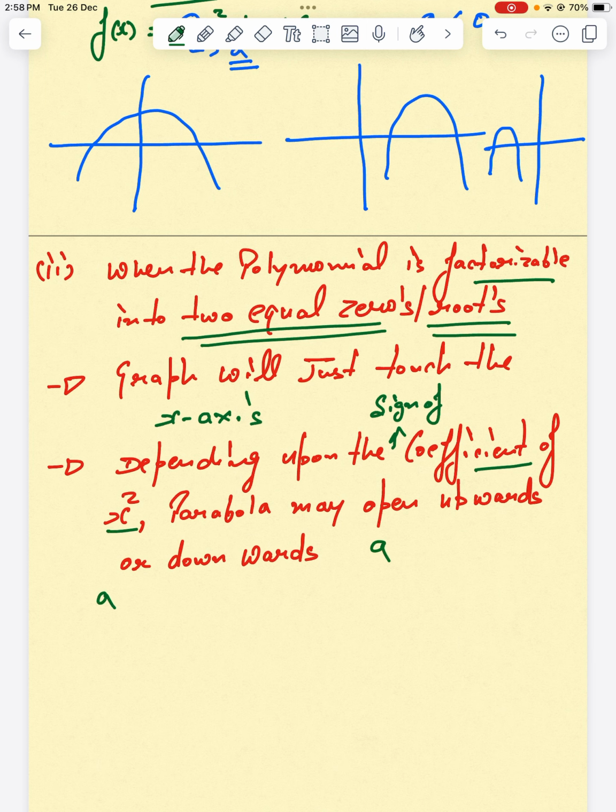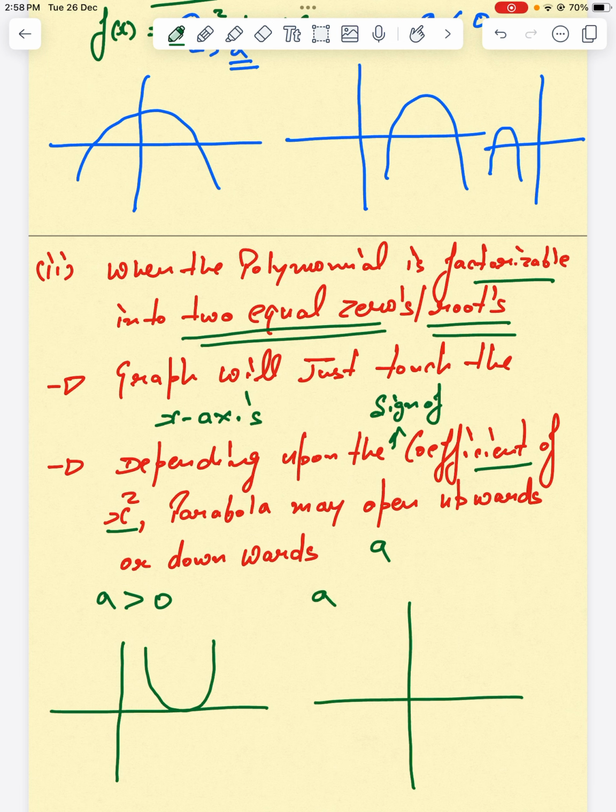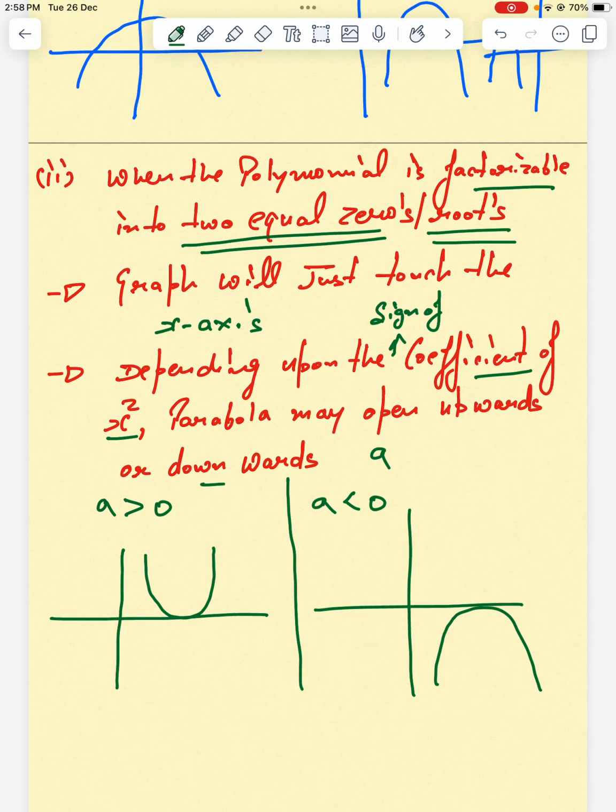So if a is positive, then it will be like this. It can be on the negative x-axis or it can be at the origin also. I have just drawn it for instance. In case a is negative, then the parabola will open downward. I think this is clear.